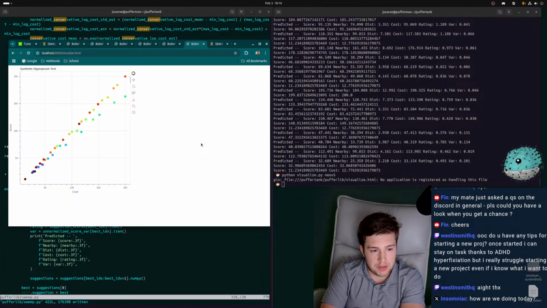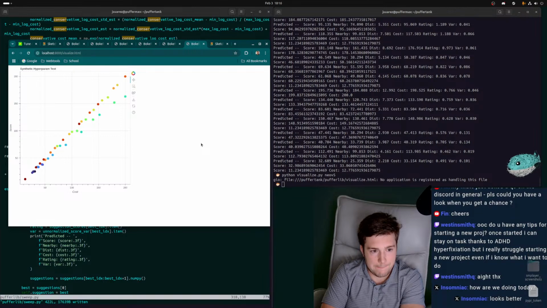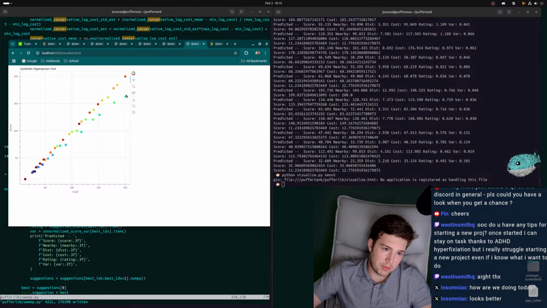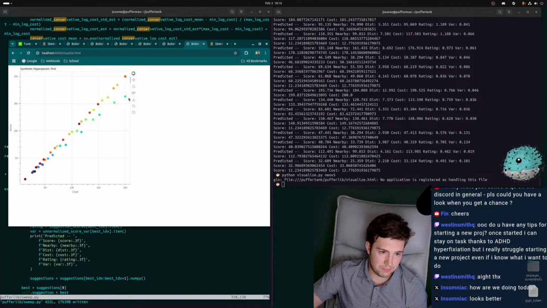They're nicely spaced. We don't like it running high cost experiments like this and getting them wrong. These ones. It looks like it had just misfit this line a little bit.